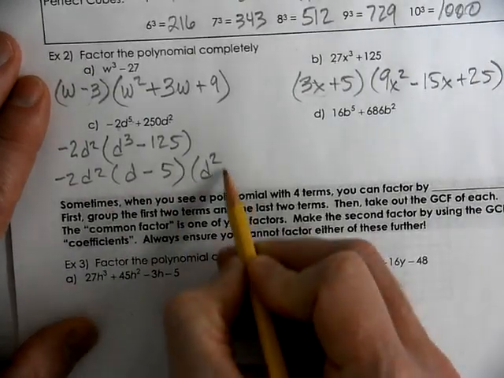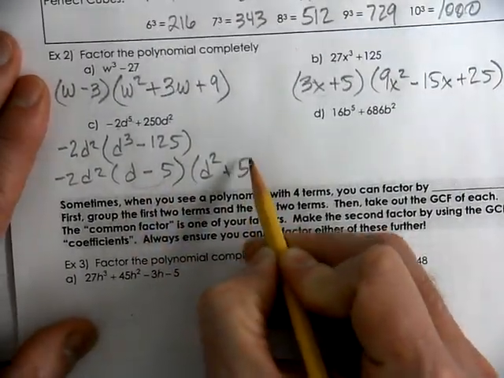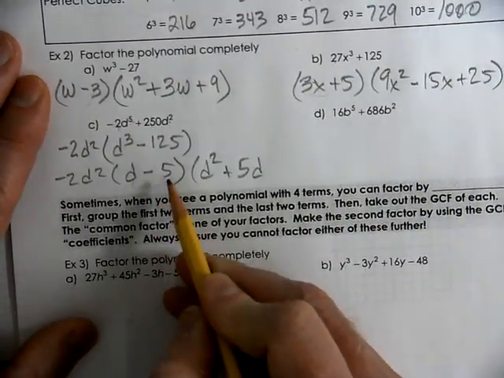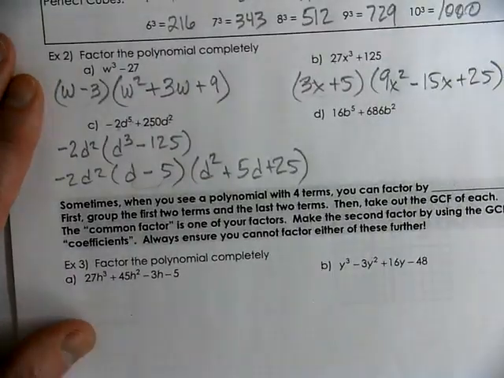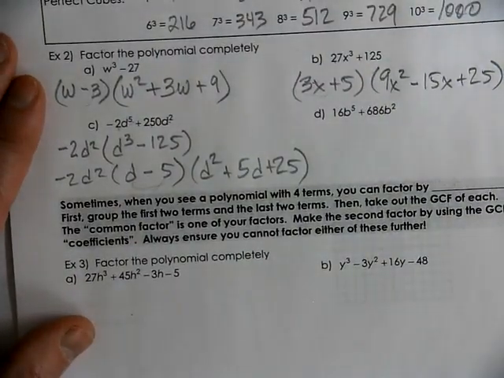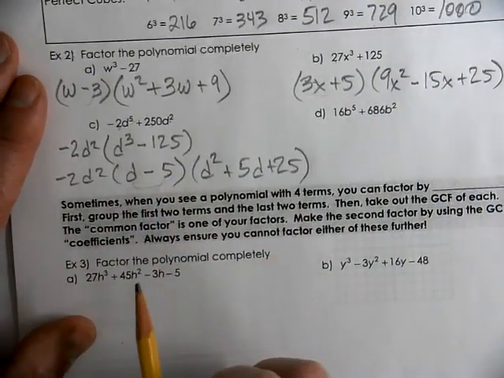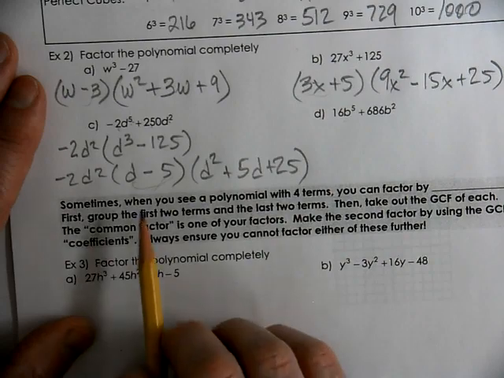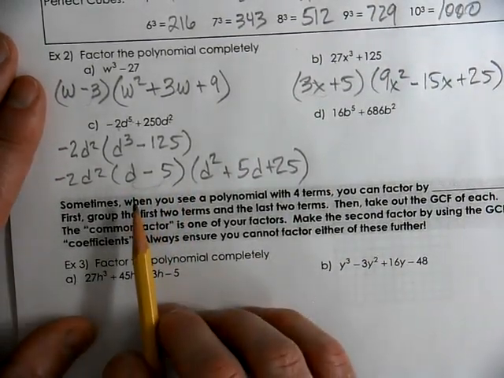Change the sign. Multiply the two together. And square your last term. That's the difference of two cubes. Notice that it is not parenthesis cubed. That's going to be the common mistake. That is not that.